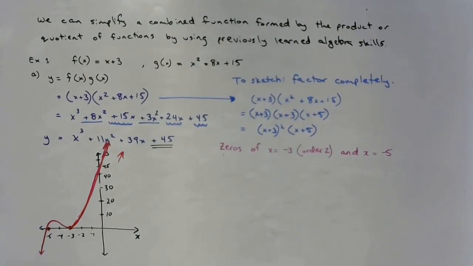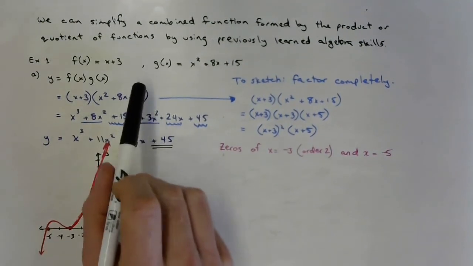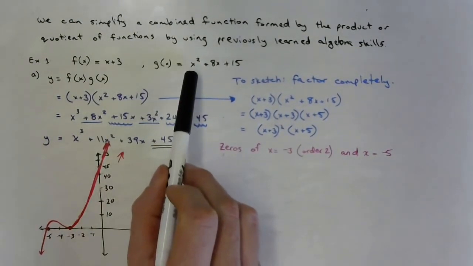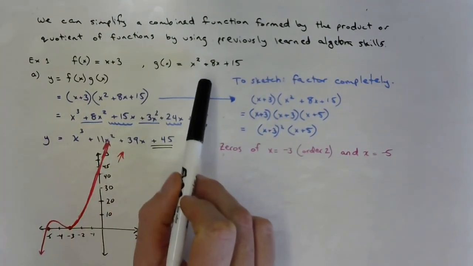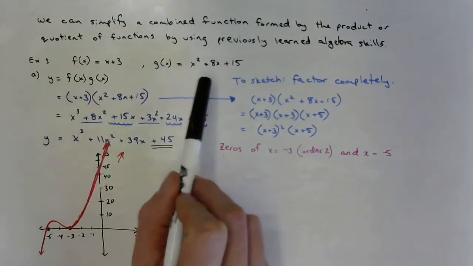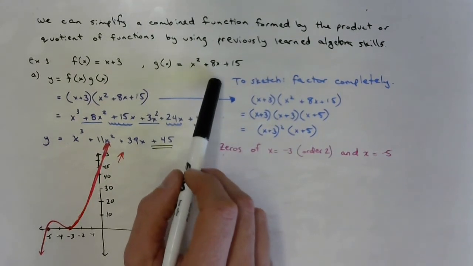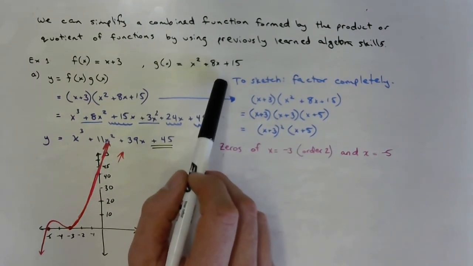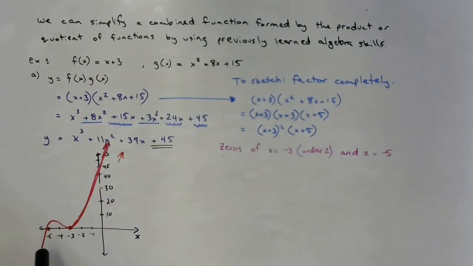And then we talk about restrictions, state its domain and range. Because these two, f of x and g of x, are just regular polynomials, there are no restrictions on them. Domain and range: I can put in any value of x into either of them for the domain, and for the range there is a restriction on this quadratic g of x, but not on the combined function.